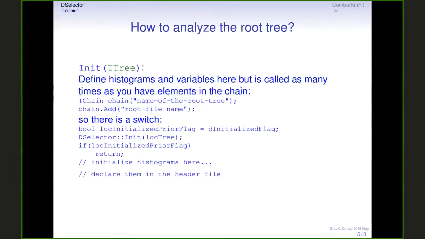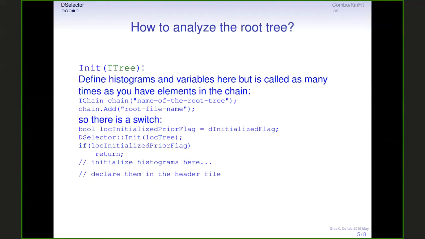So let's go first to init. In init, that's the location where you initialize variables at the beginning of the analysis and initialize histograms. But as I mentioned, because init is called more than once, most likely there is a switch in that code somewhere, and it checks whether this method has already been called or not.